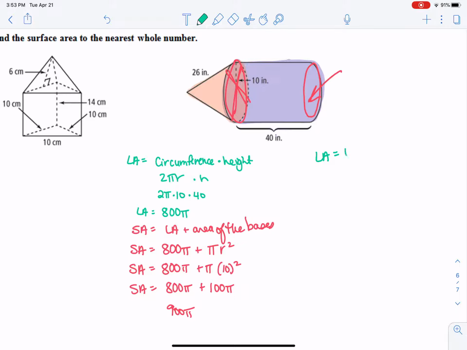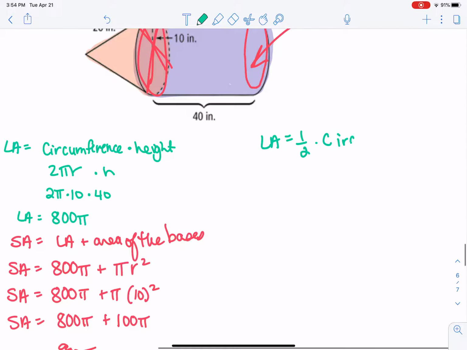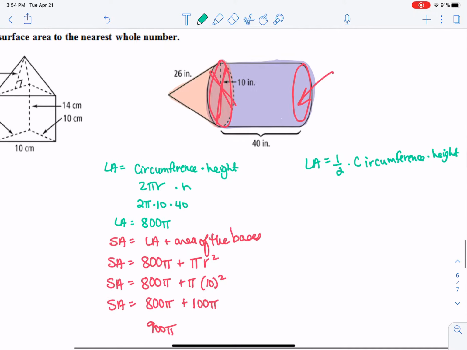So lateral area for a cone is 1/2 times circumference times height. And the height in this case is the slanted height. They gave that to us already, which was nice. So 1/2, the circumference would be 2 pi r.